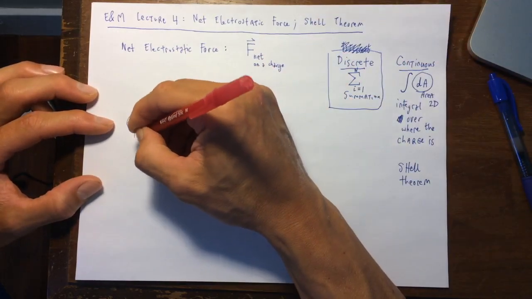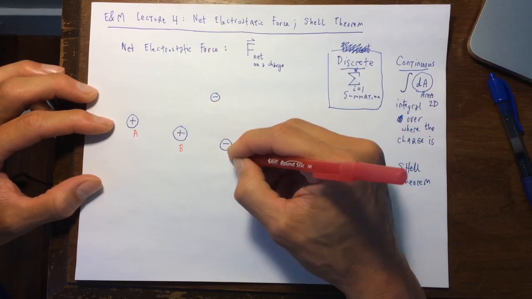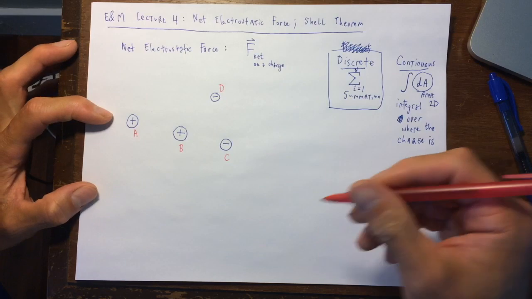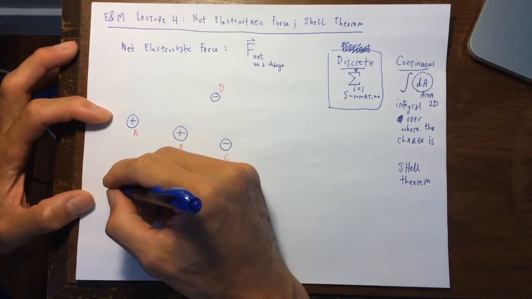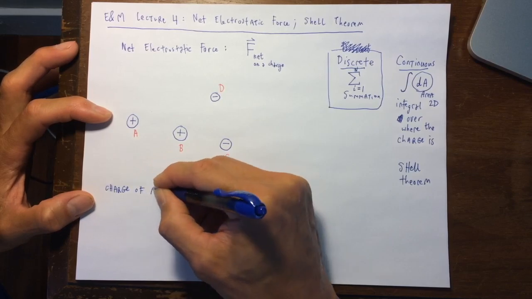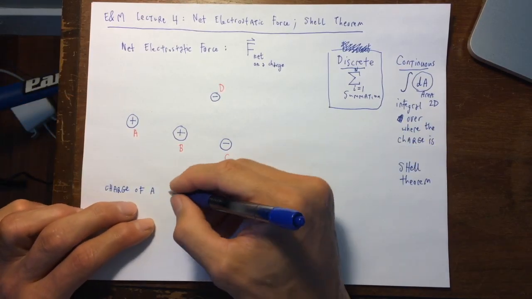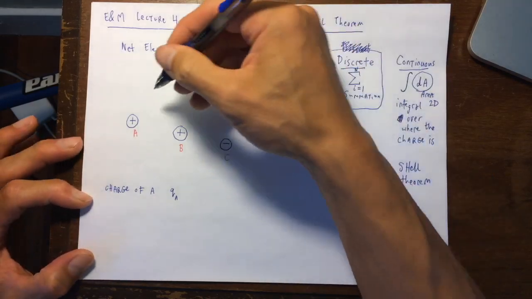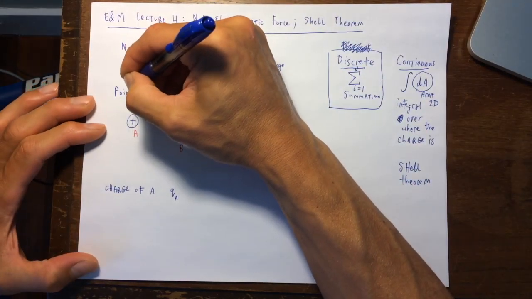So this is charge A, charge B, charge C, charge D. And for example, the charge of A will be called Q sub A. And let's imagine these are all point charges.